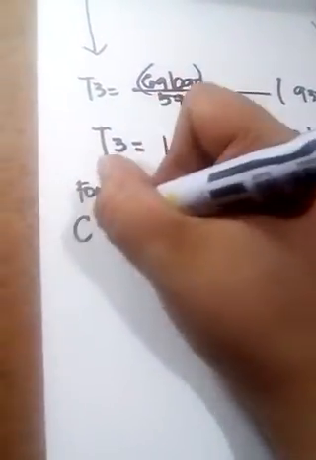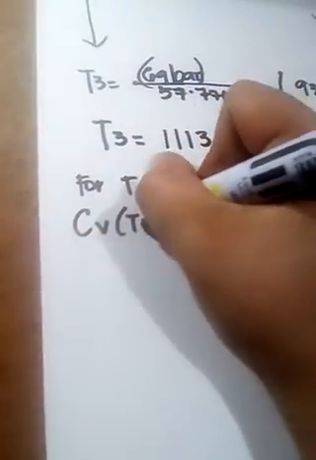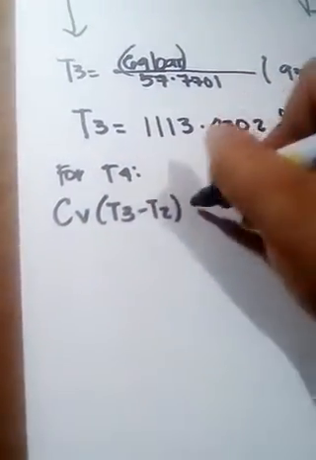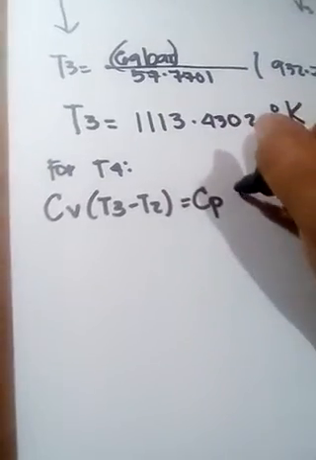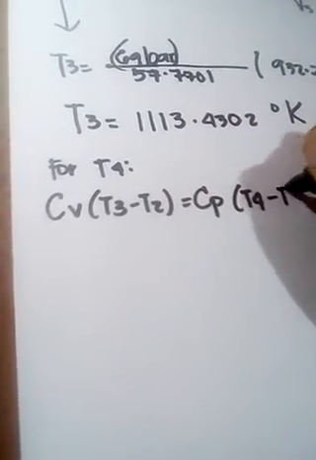And for T4, we're going to use the formula Cv times T3 minus T2 is equal to Cp times T4 minus T3.